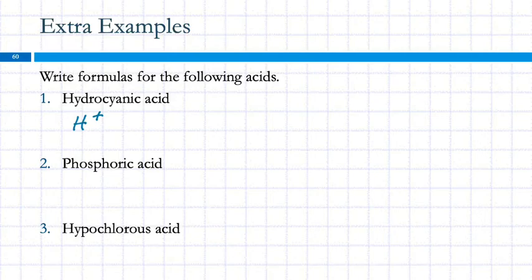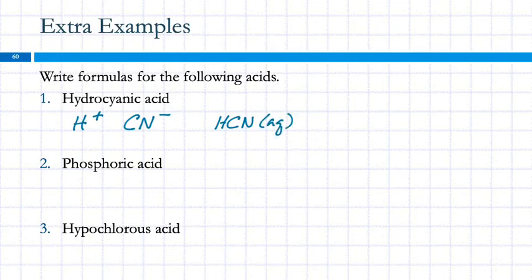And cyanic acid, what does that come from? Cyanide. Is cyanide an element? No, it's an ion, right? Cyanide is CN minus, because it's on the list and you memorize it.